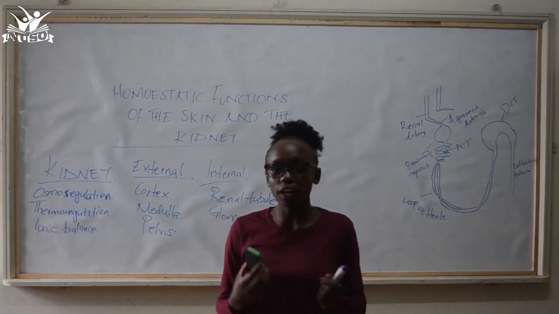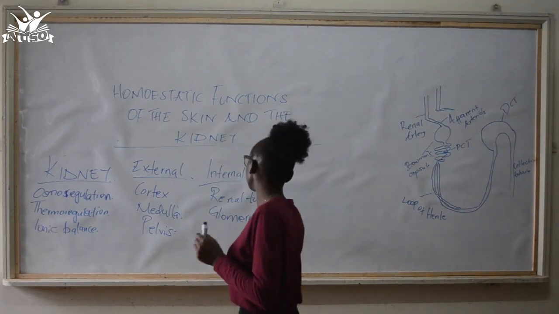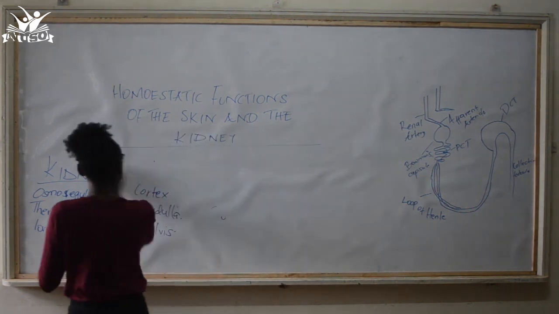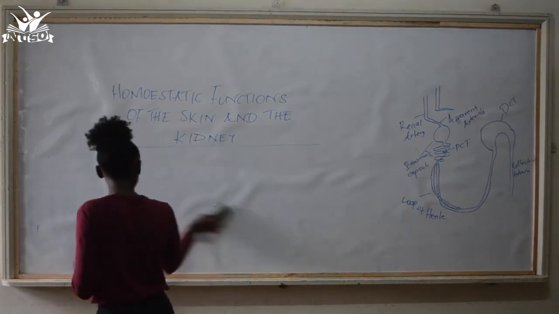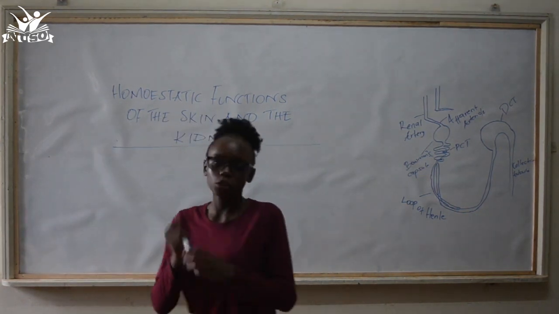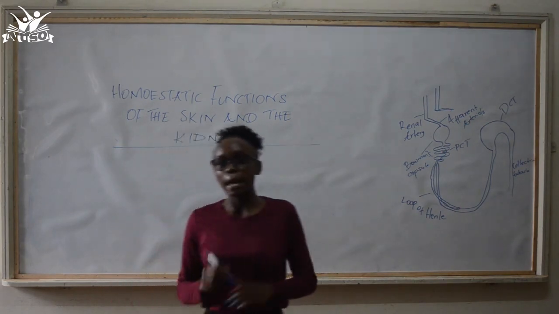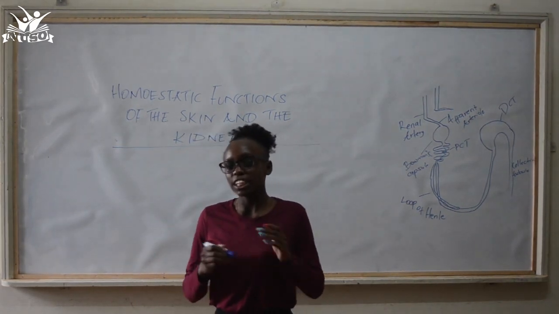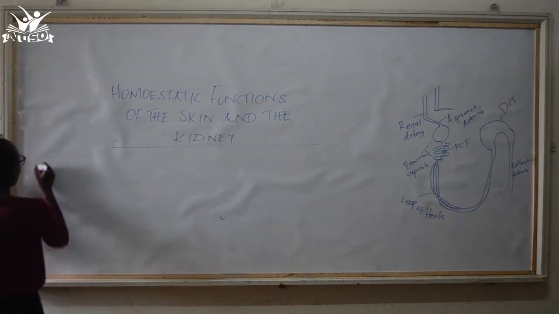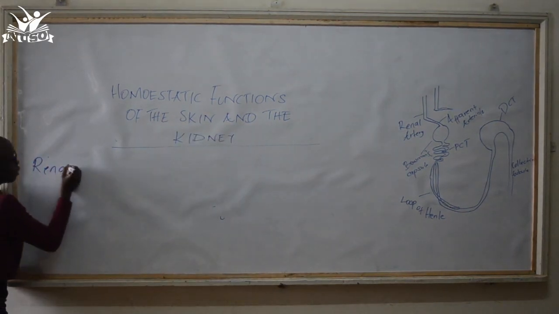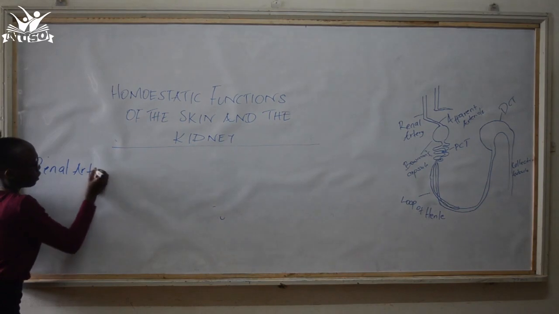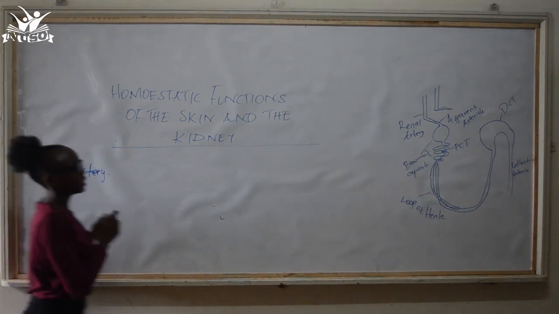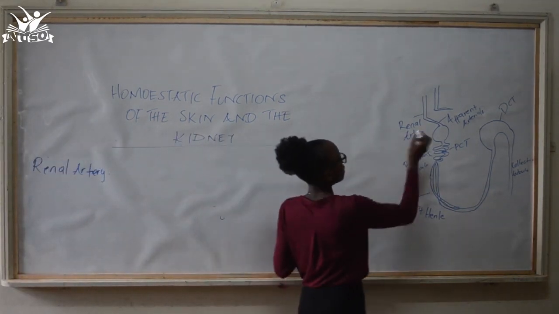Now let us look at the urine formation process. It occurs whereby blood from the other parts of the body enters the kidney through the renal artery, as it is identified here.